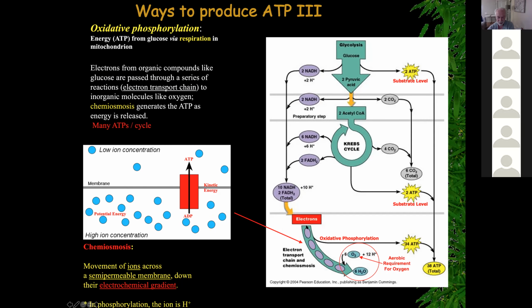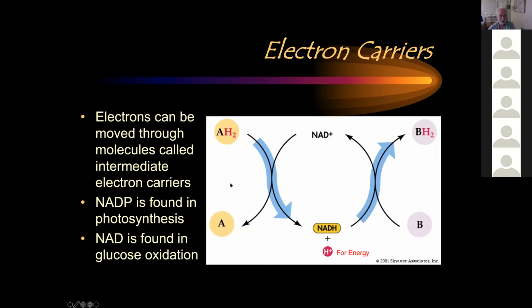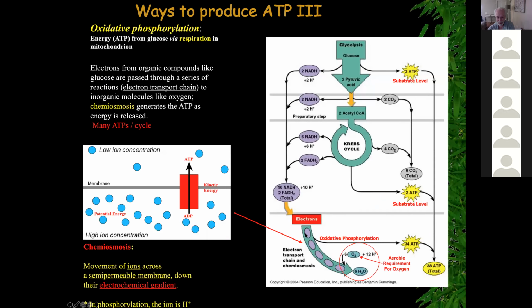I want to dissect the electron transport chain. Again, we've gone over this before, and you saw a video illustrating this. If you want to see that video again, it's in the recording from last time that I put in Canvas. But these electron carriers are what composes the electron transport chain.